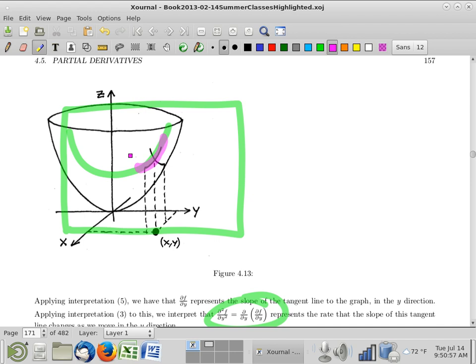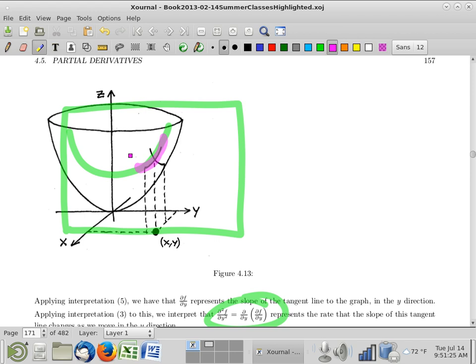That make sense? So, good news, second partials, this particular second partial anyway, just like single variable second derivatives, is kind of a measure of concavity. But specifically, it's a measure of concavity just of that cross-section that you might call in the y direction. It's perpendicular to the x-axis, which we're treating as constant, and therefore it's in some sense in the y direction. Okay, so that's one point of view on this.